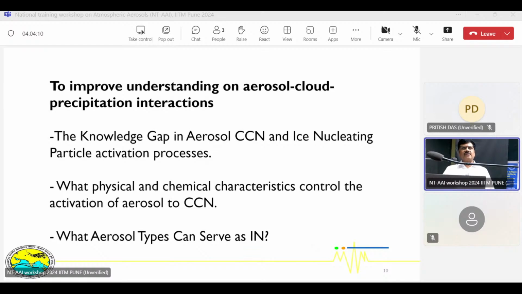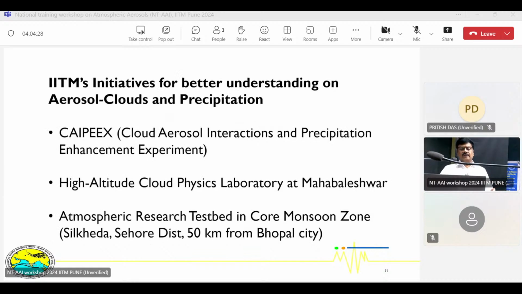Subrata explained in the previous lecture how the aerosol's physical and chemical characteristics influence the activation of aerosol into cloud condensation nuclei, and also what type of aerosols can serve as ice nuclei. That I'll also try to cover.